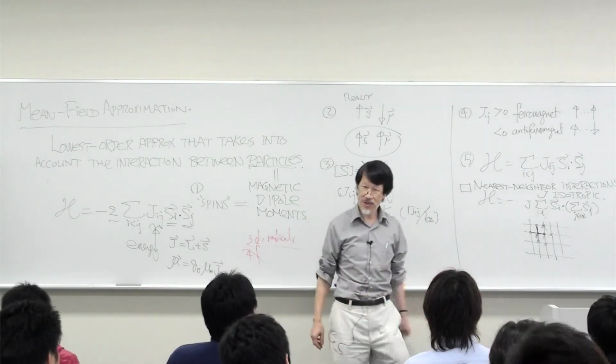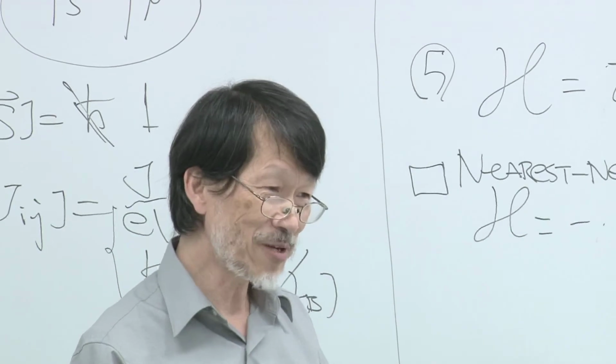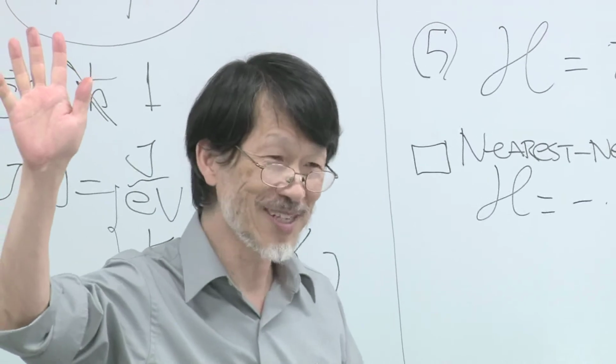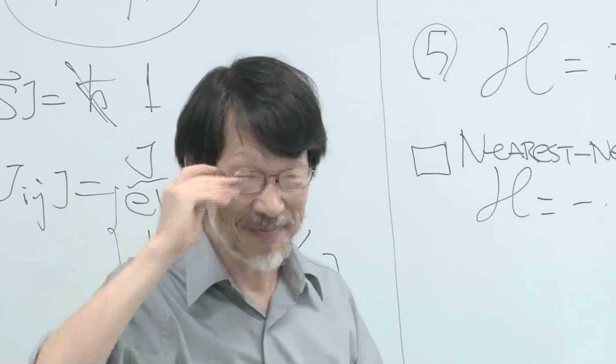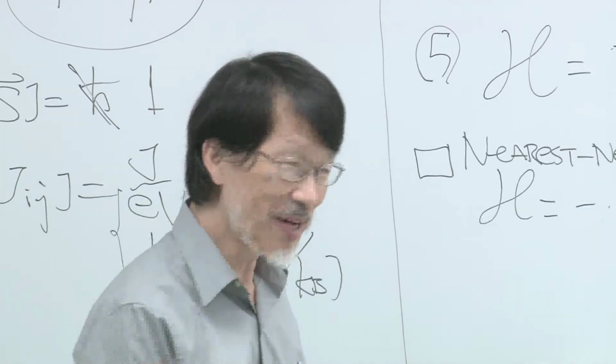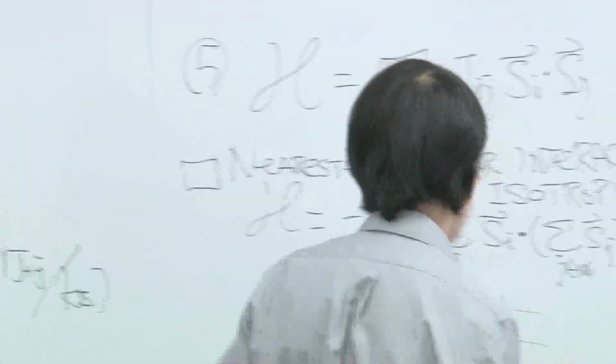Okay? Am I speaking slowly now? Slightly better? Still too fast? If you think I'm still talking too fast, raise your hands. Okay, I'm going to slow down even more. All right? And write down what I say as much as possible.